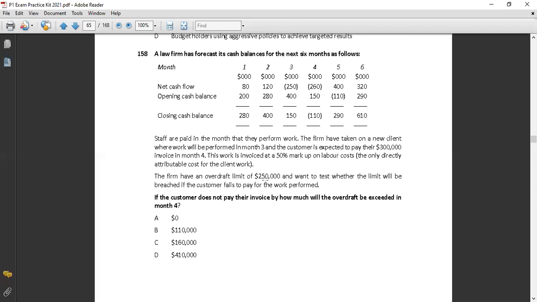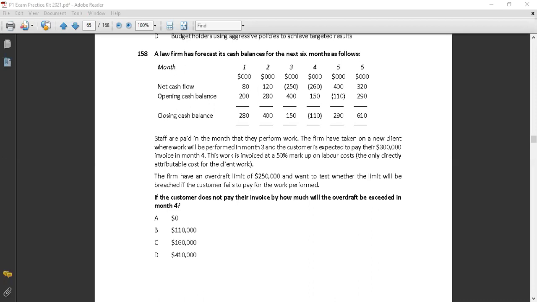Already they are in deficit to the extent of 110. So now they have done some work for the one customer in month 3, as against which the receipt will be collected in month 4. So in month 4, if they receive the amount, that should help them to face this negative figure. 110 is the negative figure.